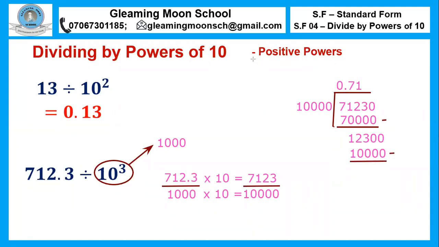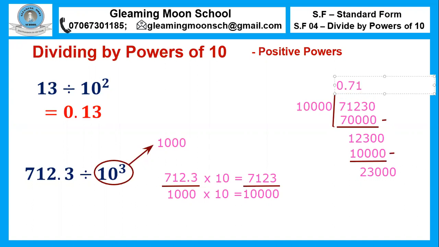Okay. Now the next thing is, if you subtract, what do you get? 12,300 minus 10,000 will give you 2,300. Okay, so again, we begin the round of division again. Can 10,000 divide 2,300? The answer is no. We put 0, and that makes it 23,000. How many 10,000s are in 23,000?